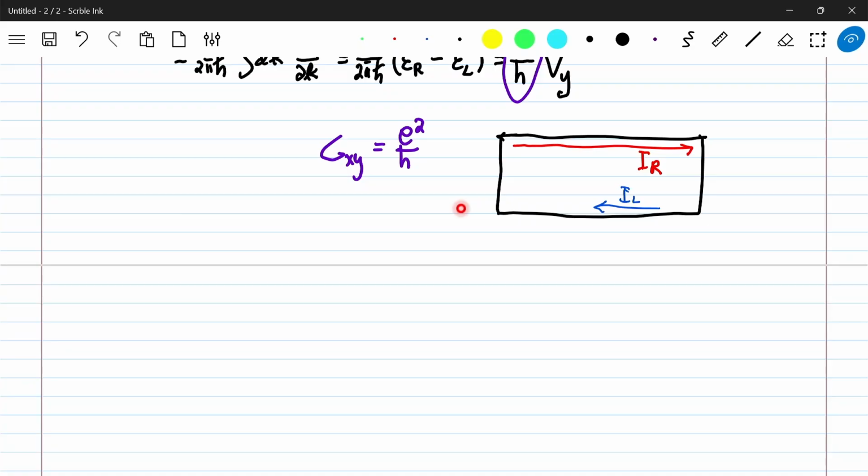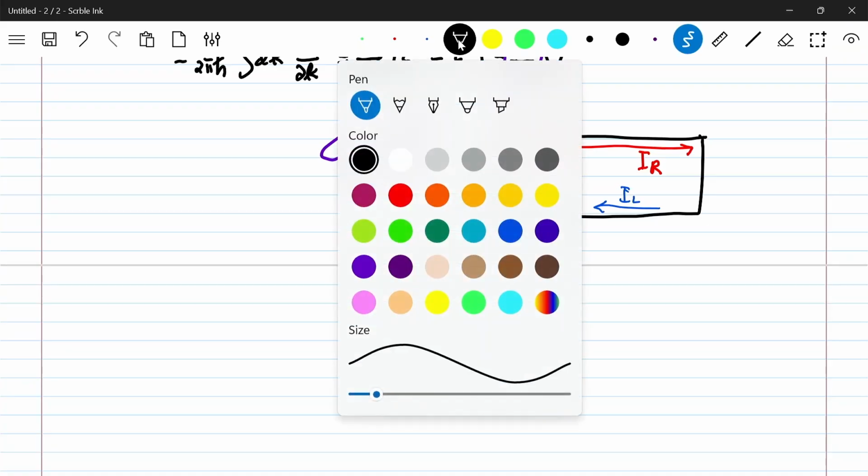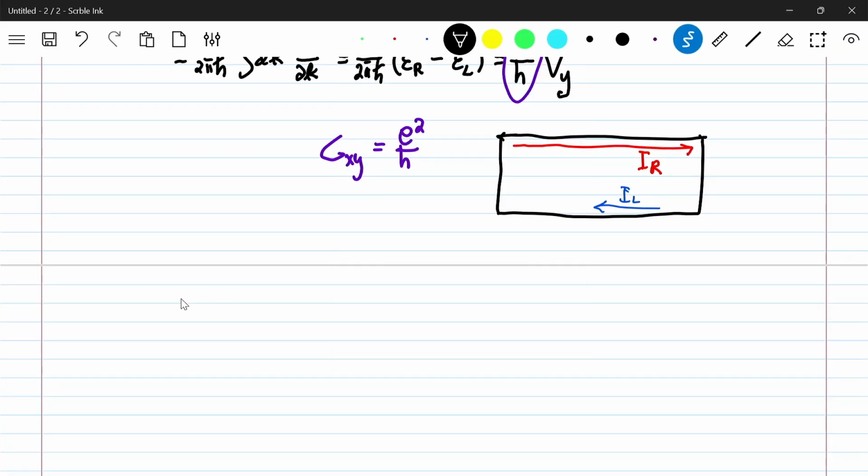Apparently, and that's one of the miraculous things here, it doesn't really matter much. Suppose, for example, I have rough edges, so my sample looks like this, or I have some confining potential that changes a little bit as a function of x.